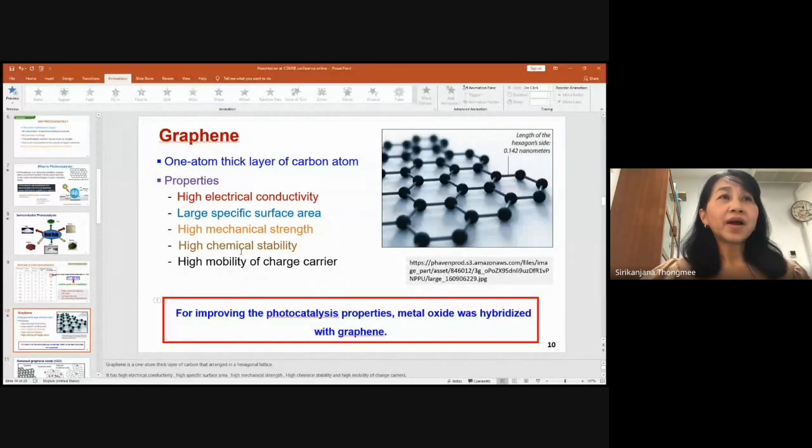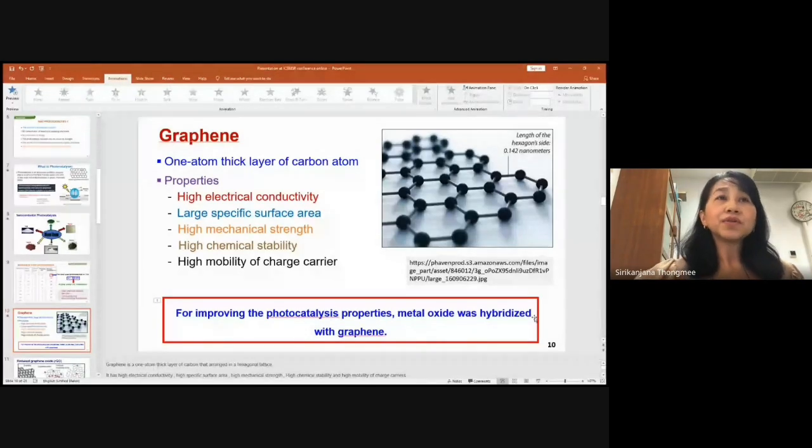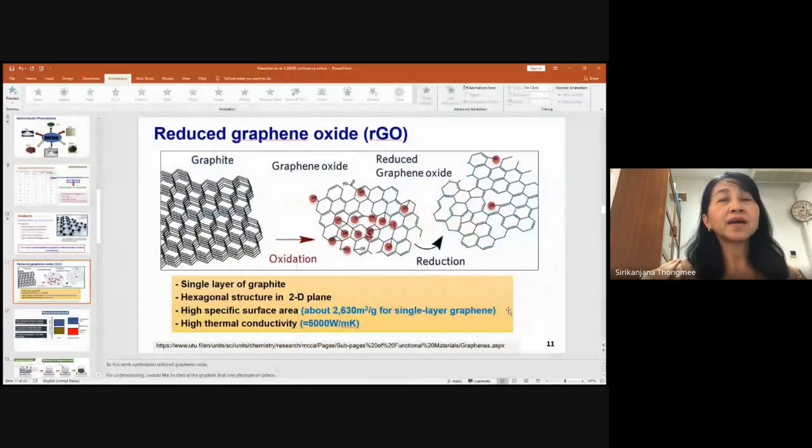Moreover, graphene is also used for photocatalyst properties, because metal oxide hybridized with graphene can be used as a semiconductor photocatalyst.